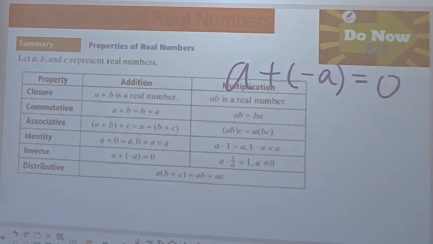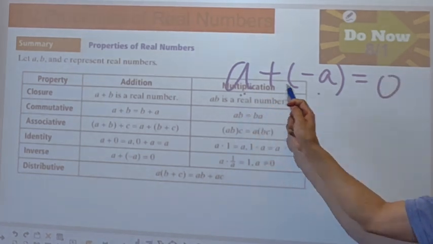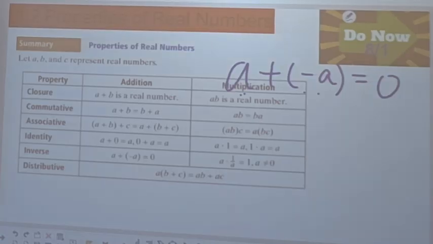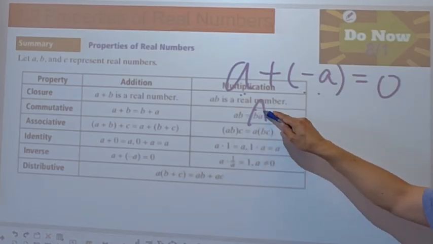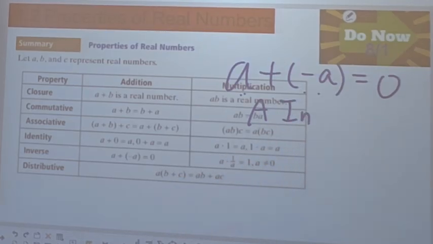Now, A plus minus A, if you add it, that becomes what? 0, right? Do you know what A and minus A are to each other? We call it inverse, the additive inverse. But it has a special name. What is the additive inverse's different name?